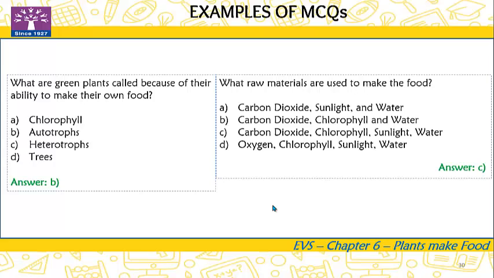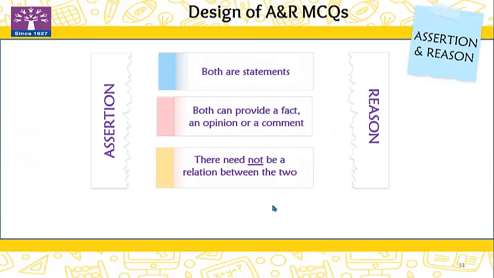Let's understand how to design assertion reason questions. Now in assertion and reason questions, the assertion as well as the reason are both statements of fact. They can provide a fact, an opinion, or they can provide a comment. There need not be a relationship between the two statements.